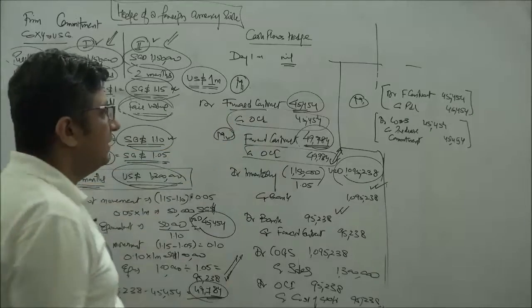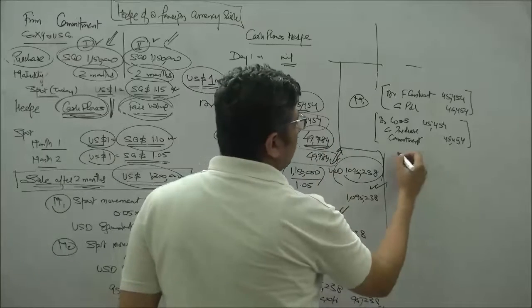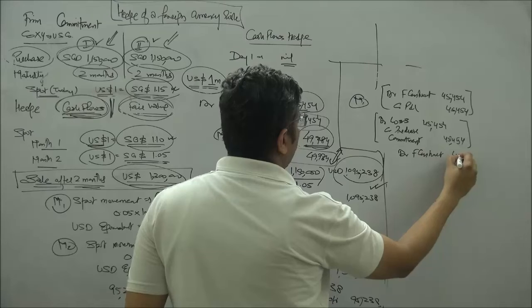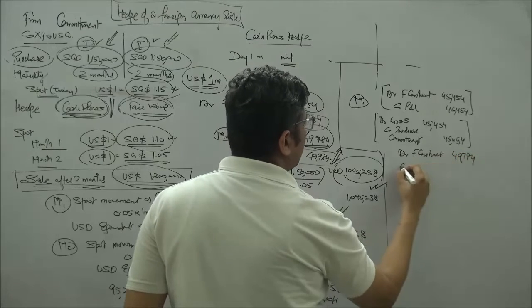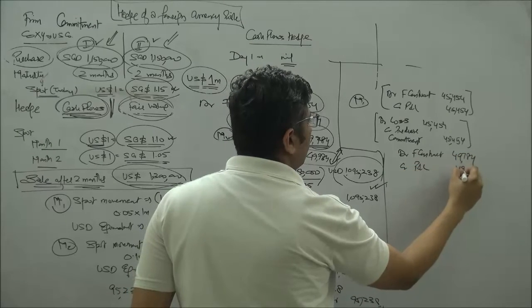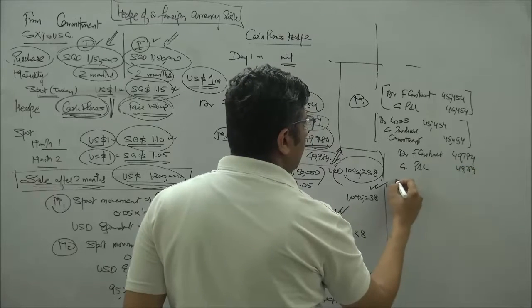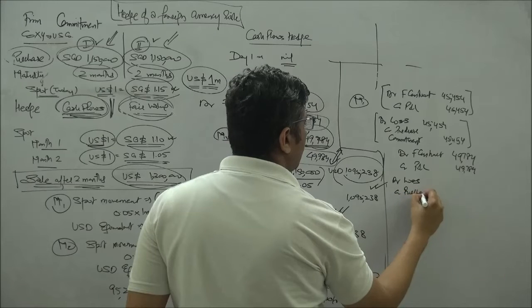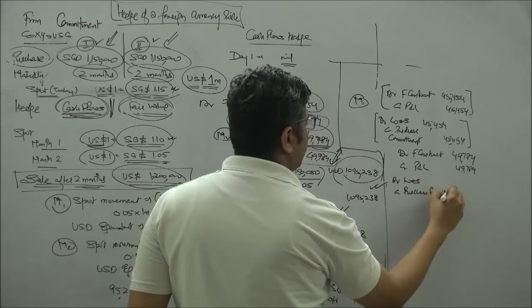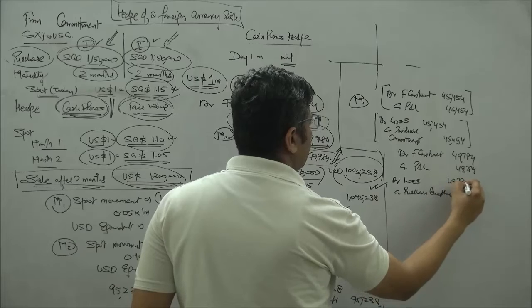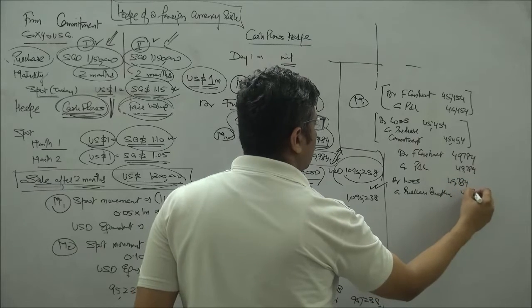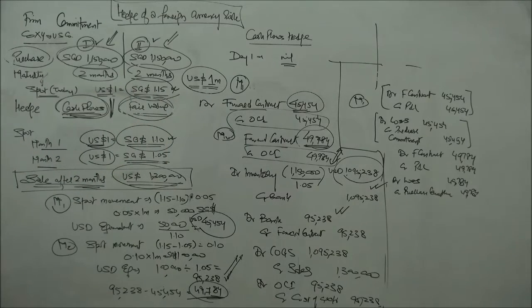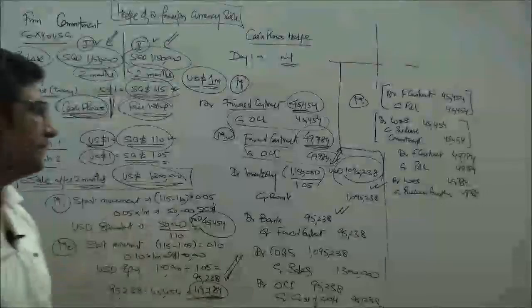So you would see this 49784, we do exactly the same entries: debit forward contract 49784, credit P&L 49784, likewise debit loss on purchase commitment 49784. Basically it is completely removing the so-called P&L volatility so far.